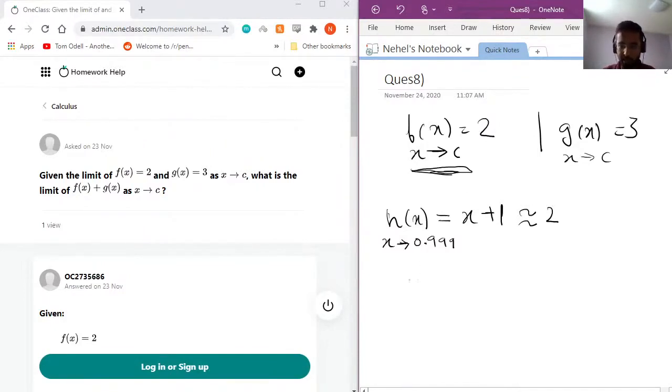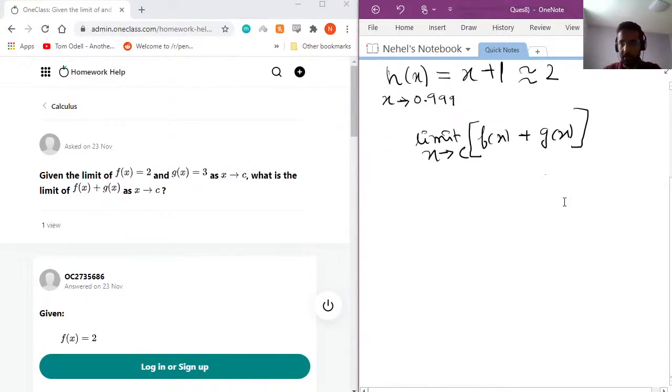So coming back to the question, we have been asked to find the limit of f of x plus g of x as x tends to c. To solve this question, we need to know one key property of limits, which is that the limit of the addition of two functions is the same as the sum of the limits of the two functions.